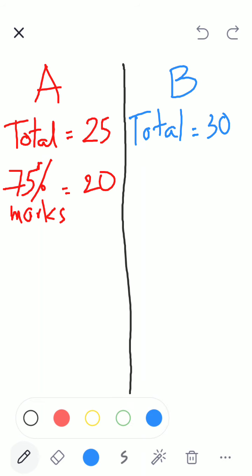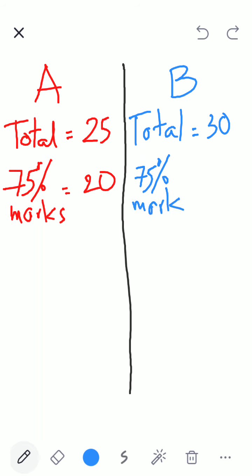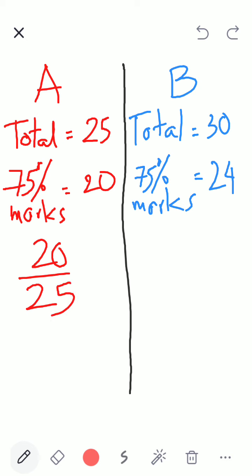And in class B, 75% marks, 24 students. Very nice. Okay, so 20 by 25. And for class B, 24 by 30. Now, children, we have to compare.